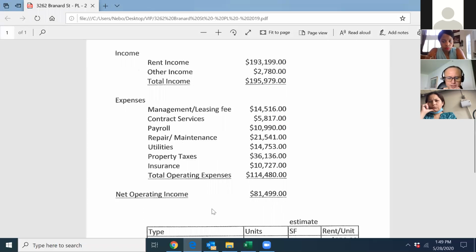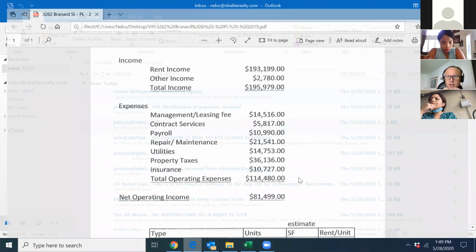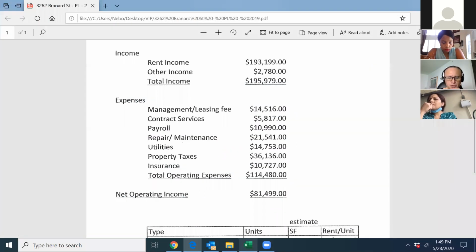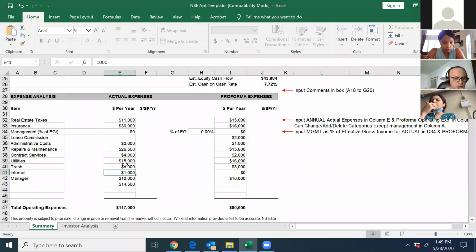Utilities 14.7, I'm going to round the number, so utilities are 14.5. Real estate taxes at 37,000. Insurance, I think it's 11,000. Doesn't matter, a few hundred up.